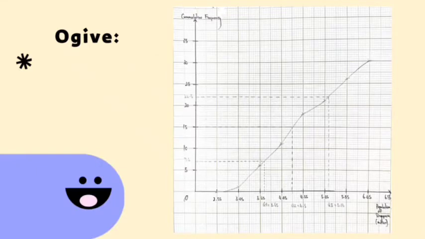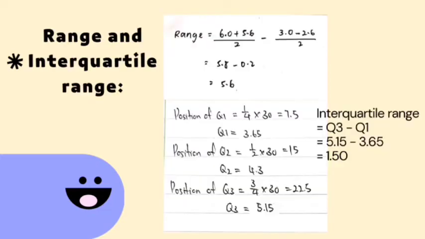And from the ogive, we can find the interquartile range, Q1 and Q3. So my Q1 is equal to 3.65 and my Q3 is equal to 5.15. So my interquartile range, Q3 minus Q1, is equal to 1.50.